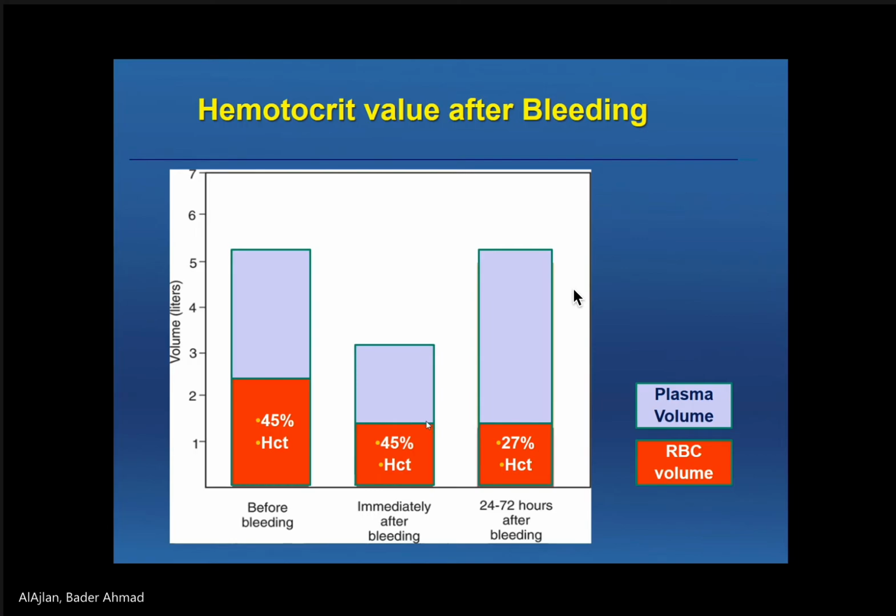So the message is, don't be fooled by the CBC in the initial presentation. It might not show you the actual drop when they present.